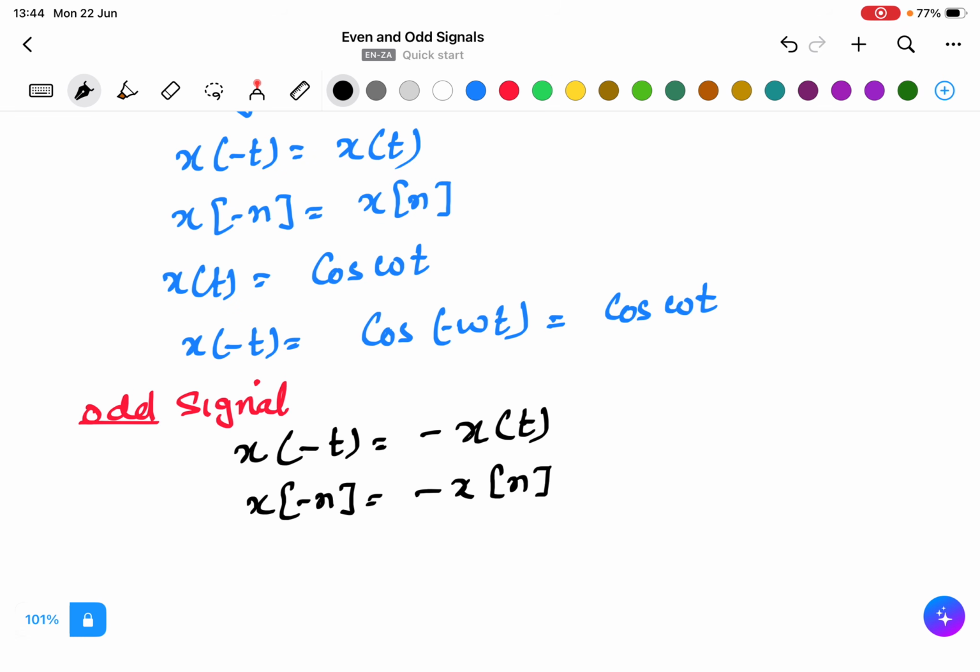The best example again is with respect to the trigonometric functions. It's applicable in discrete time domain also.